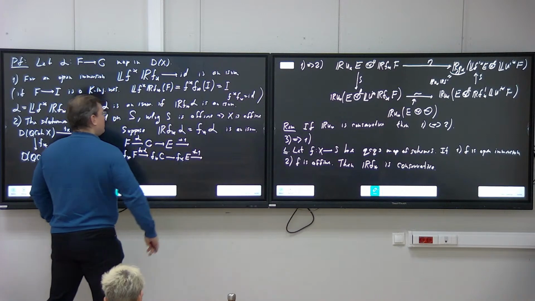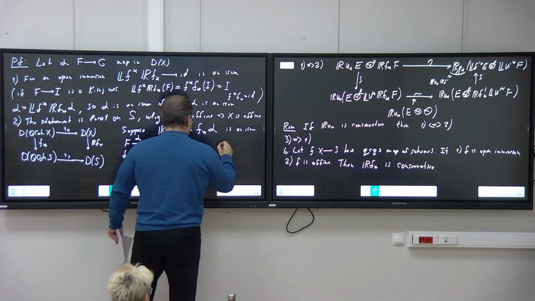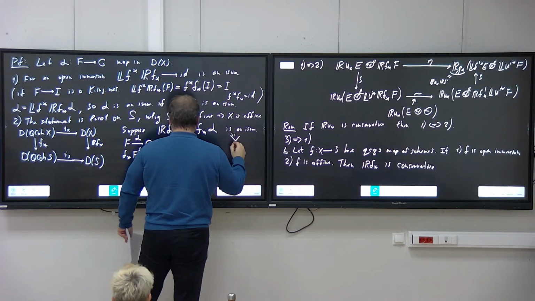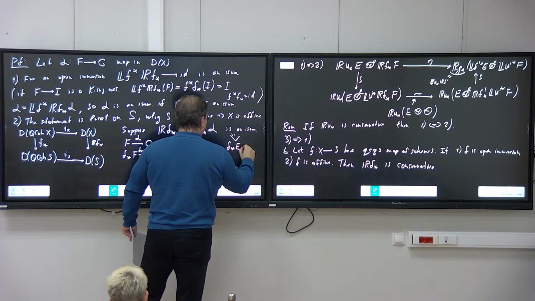If we know that this is an isomorphism, we can conclude from this distinguished triangle that f lower star applied to E is acyclic.